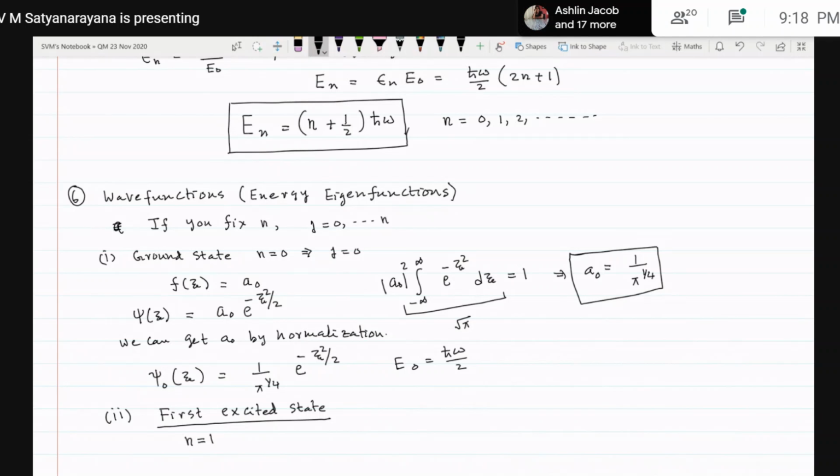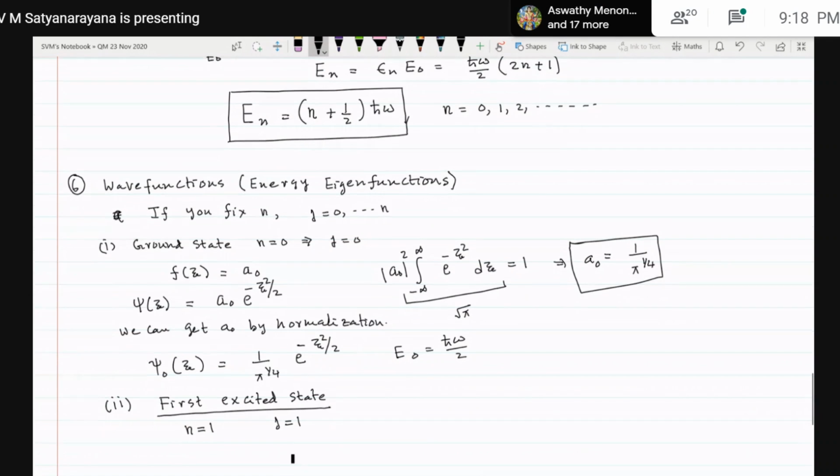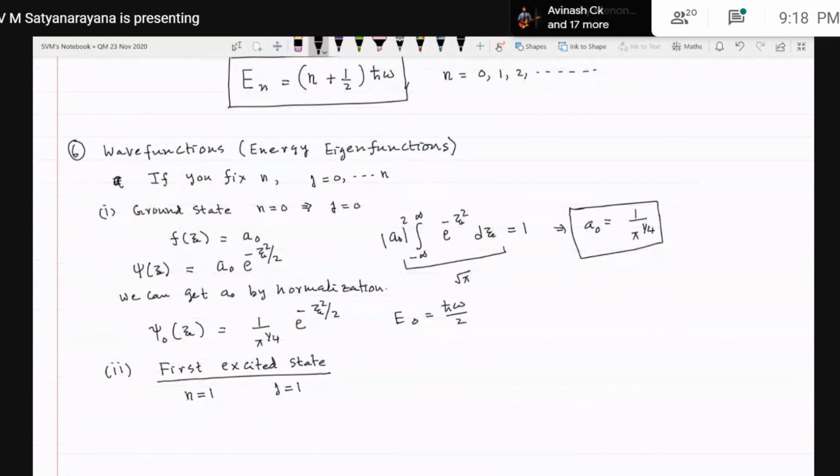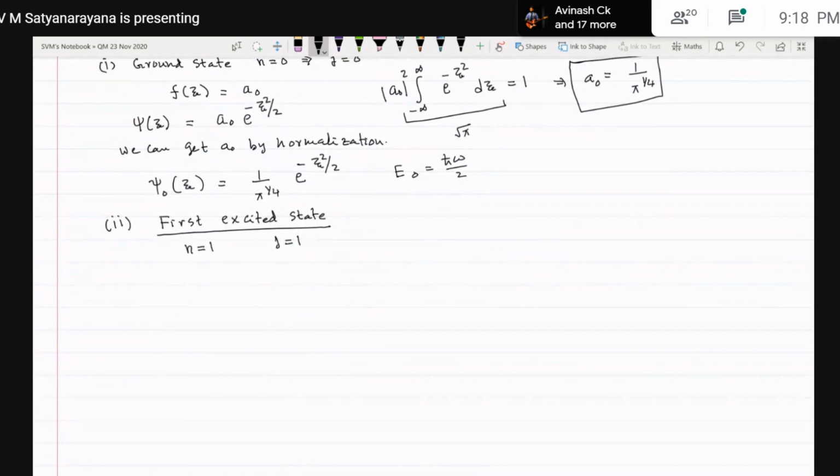So you will see that here j is equal to simply 1. So the first excited state, psi 1 of xi, is simply a1 xi into e to the minus xi square by 2. You can find out a1 by normalization once again. You get a normalization constant.